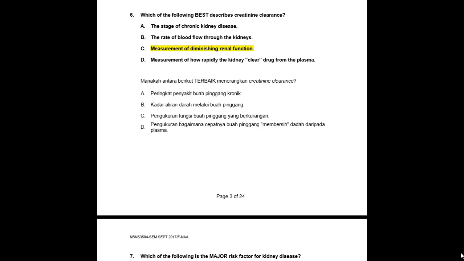Answer B, the rate of blood flow through the kidneys. Answer C, measurement of diminishing renal function. And answer D, measurement of how rapidly the kidney clears drug from the plasma. So the answer is C. Actually it shows the status of renal function, so it's a measurement of diminishing renal function.